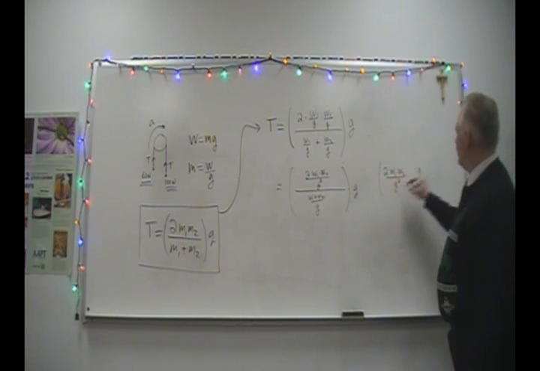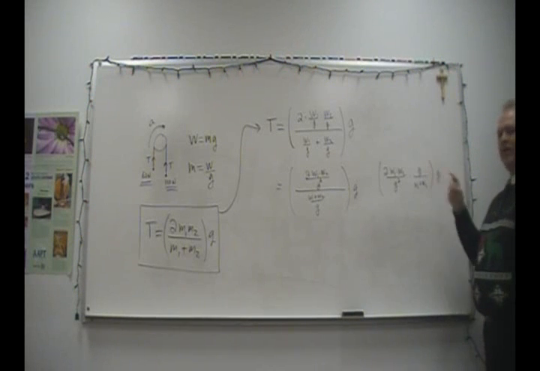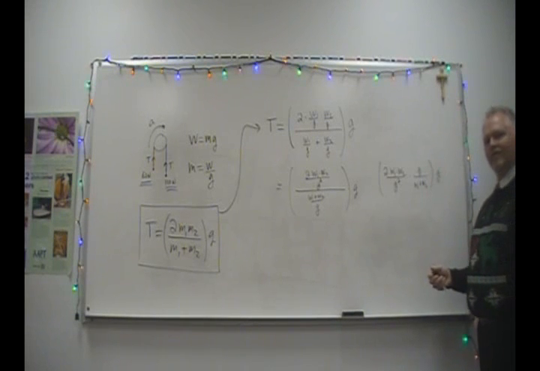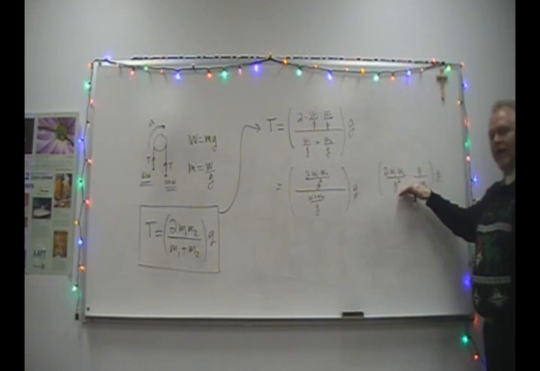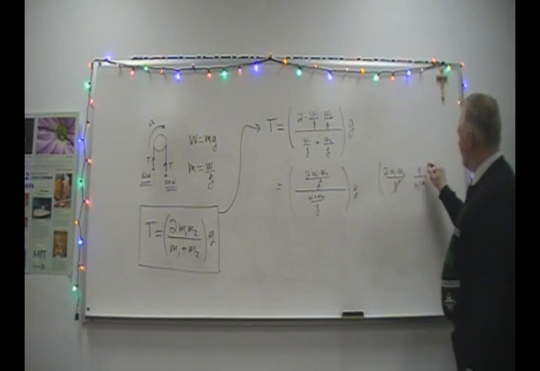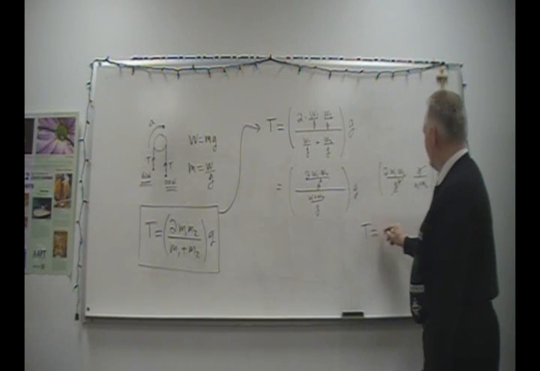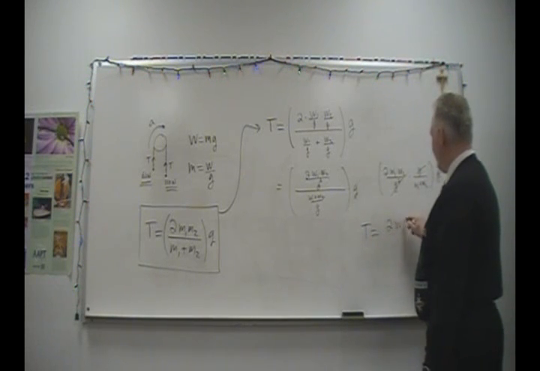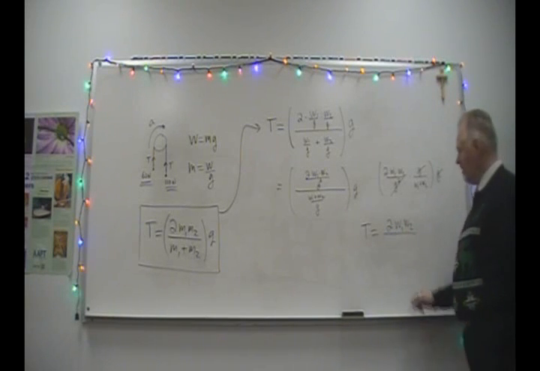And remember, there is another g outside here. But notice this, g times g is g squared. G squared on top, g squared on bottom, they will cancel each other out. And you will be left with, for the tension, simply 2 weight 1 times weight 2 over weight 1 plus weight 2.